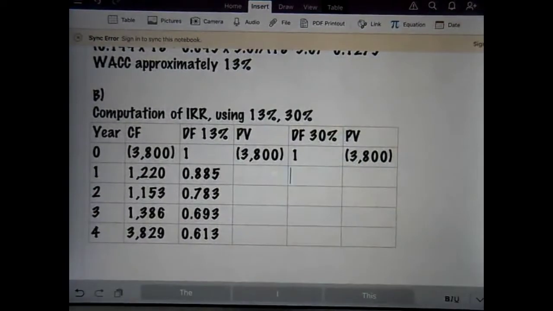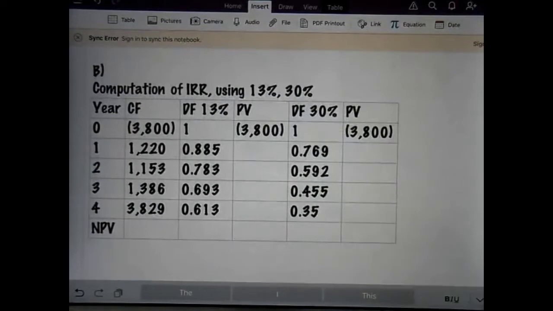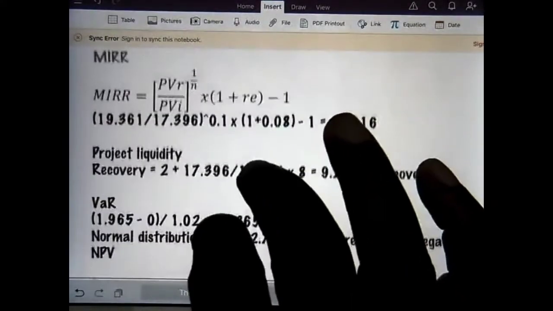What do you get? 769, next one. 592. 35. Have you got the NPV ready? Copy my formula from the top here. There's my formula.